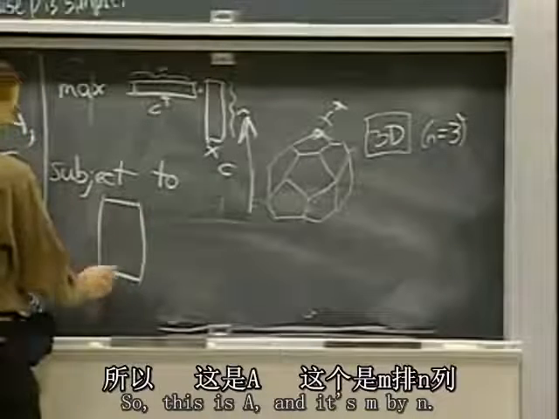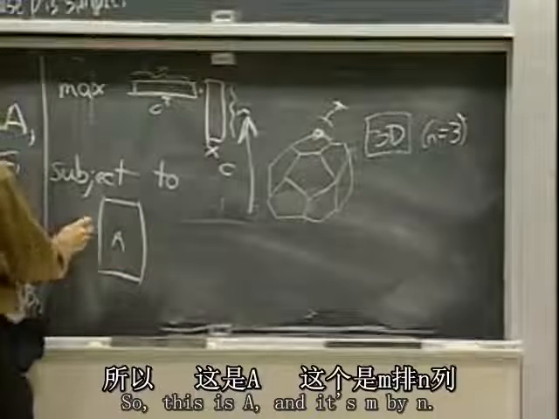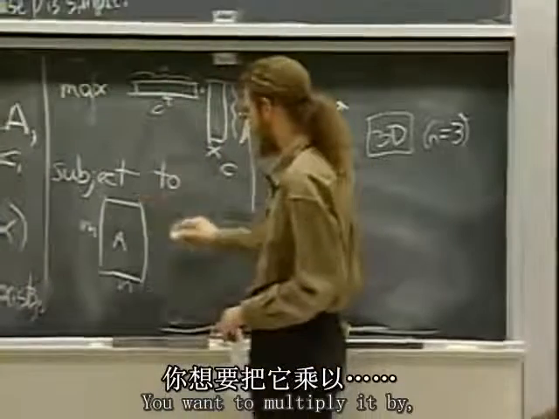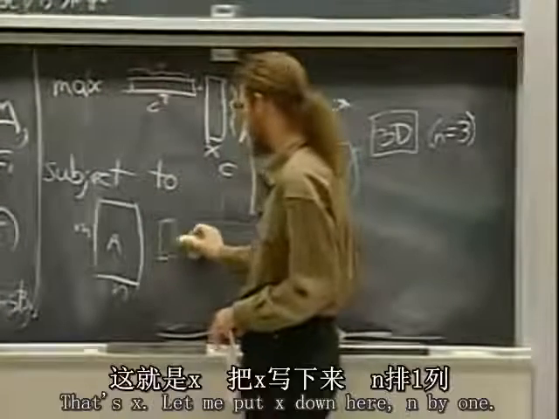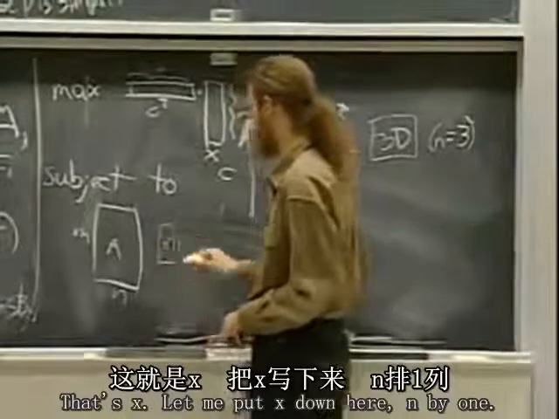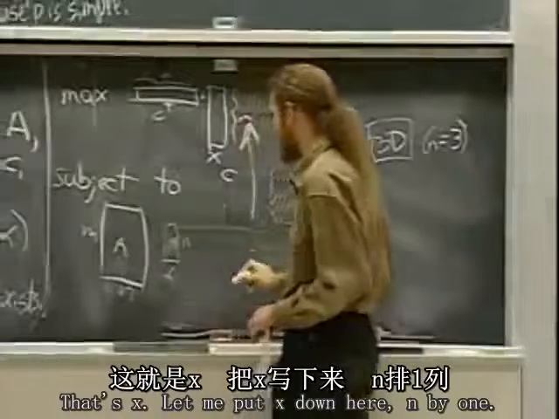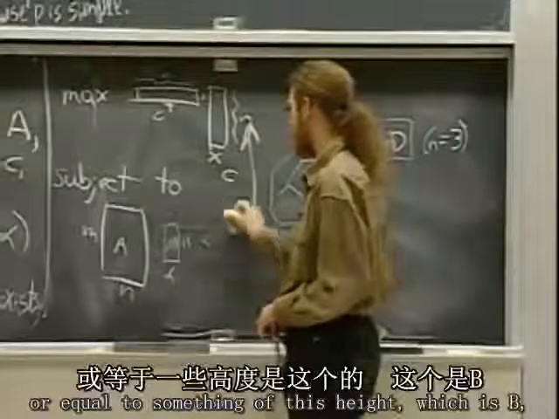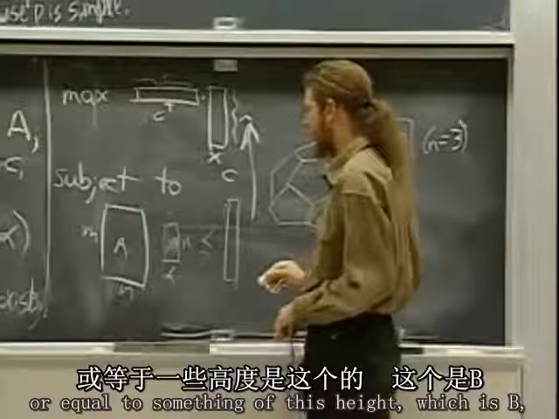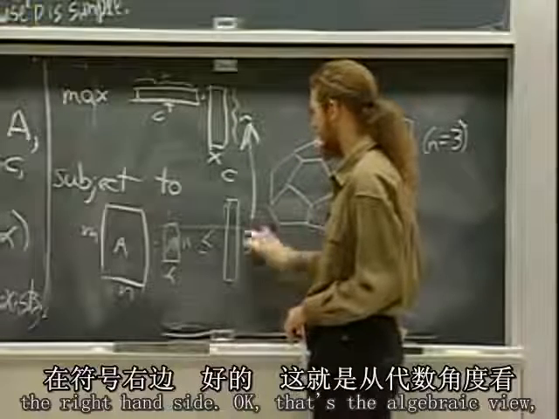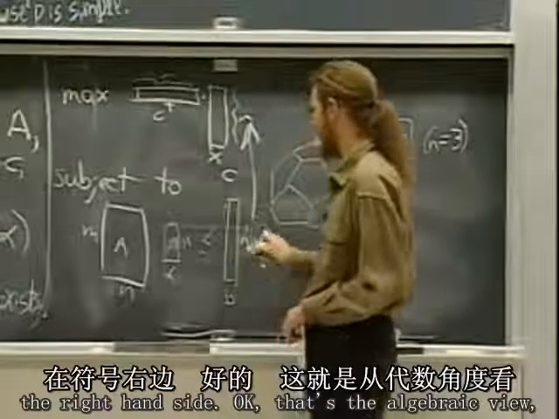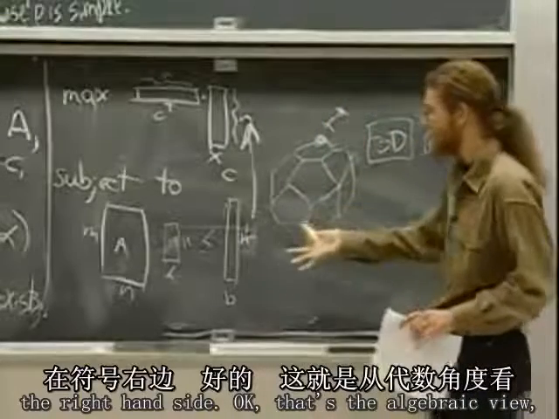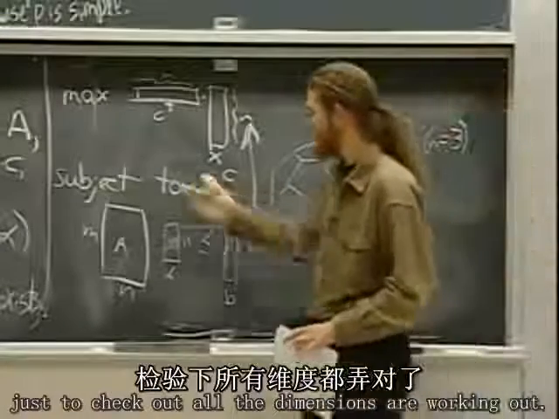So this is A, and it's m by n. You want to multiply it by something of height n. That's x. Let me put x down here. And by 1. And it should be less than or equal to something of this height, which is b, the right-hand side. Okay, that's the algebraic view, just to check all the dimensions are working out.